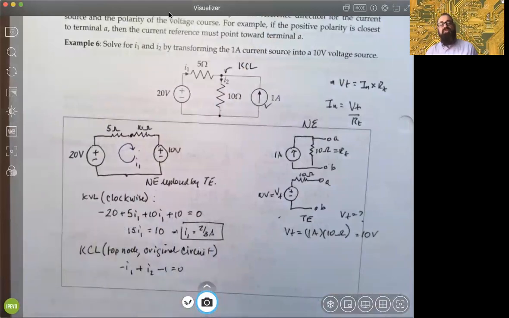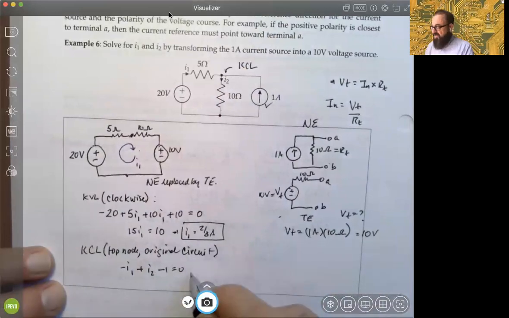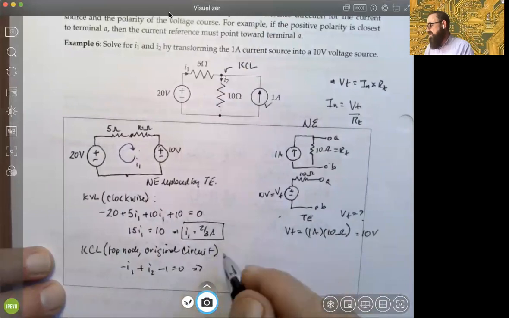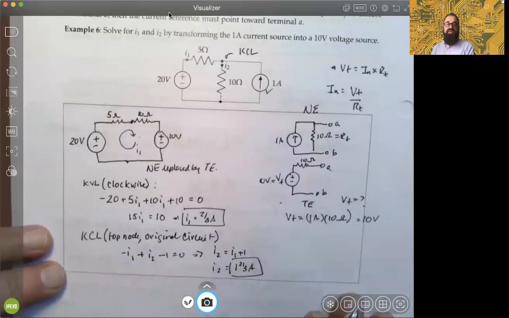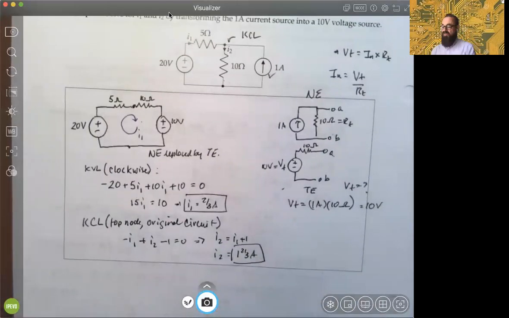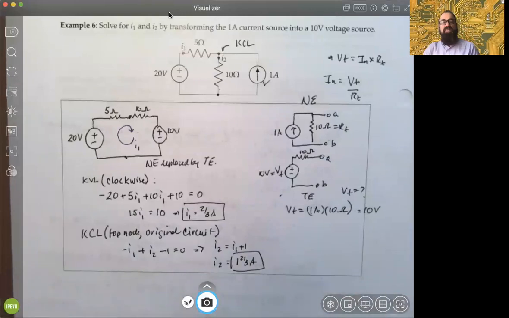In this case, we got it from the KVL, okay? All right. So this relationship with KCL tells us immediately that I2 has to be equal to I1 plus 1. So therefore, I2 has to be 1 2/3 amps, or 5/3 amps. And that's what the problem asked for.